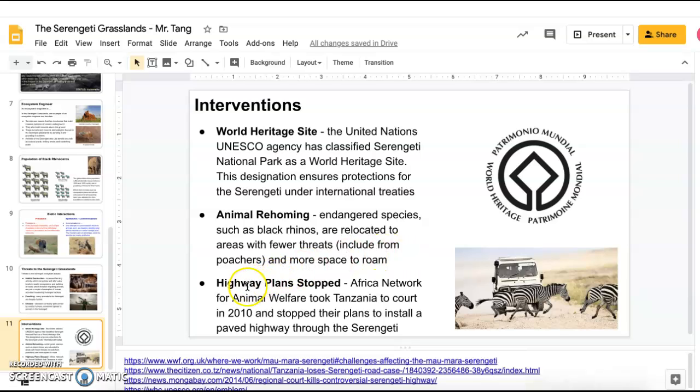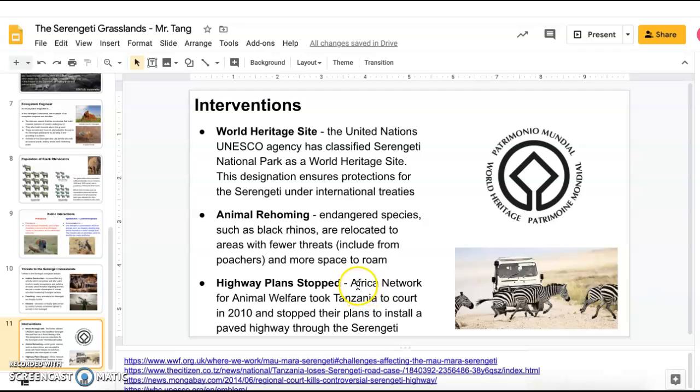And then I did more research other than the WWF website too, and I found that in 2010, Tanzania was planning to build an extra paved highway through a section of the Serengeti, which would possibly severely affect the migration patterns of the animals.